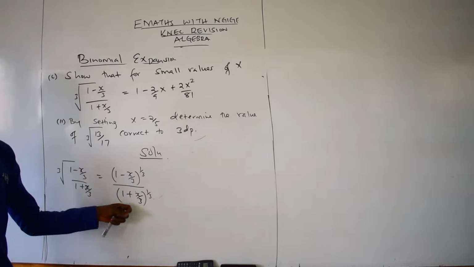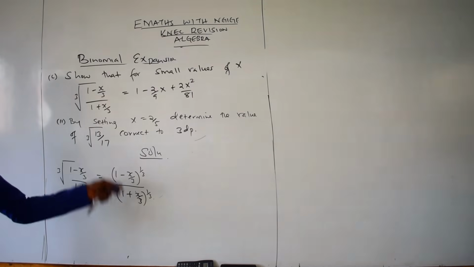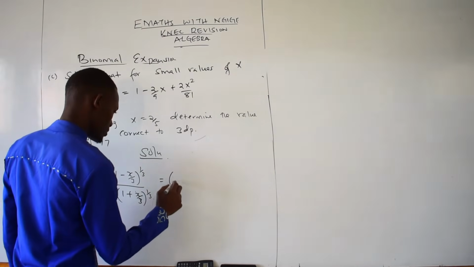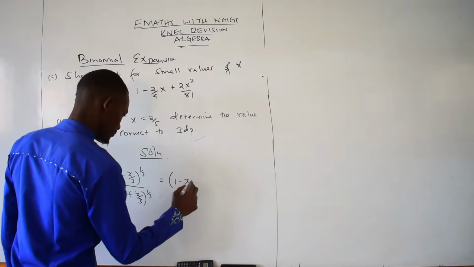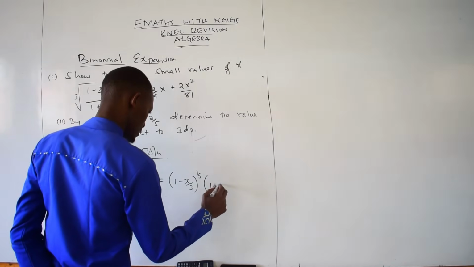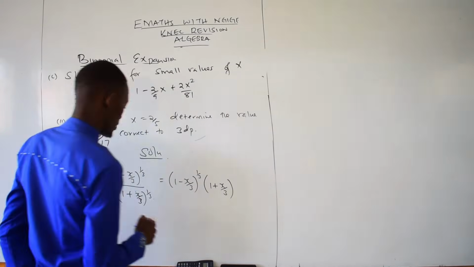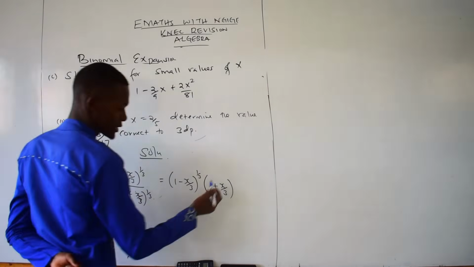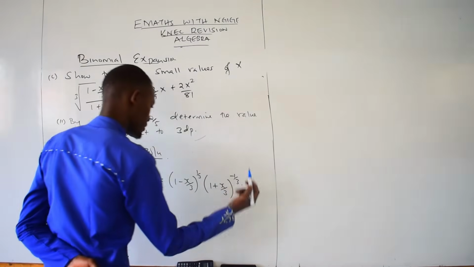Then you want to remove the term in the denominator and bring it to the numerator, so the whole of this can be written as 1 minus x over 3 to the power 1 over 3, times 1 plus x over 3 to the power negative 1 over 3, since the power is positive in the denominator and becomes negative in the numerator.